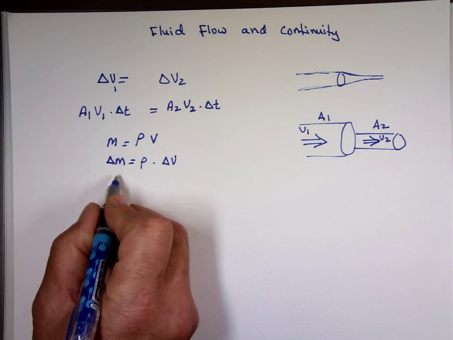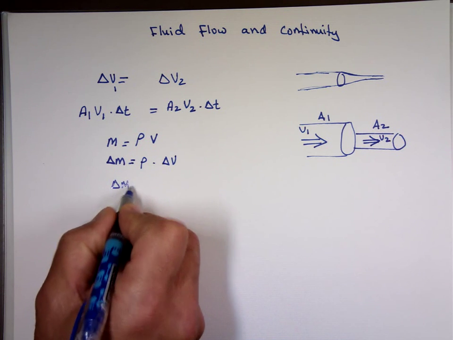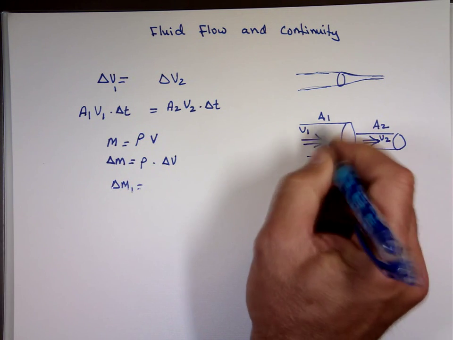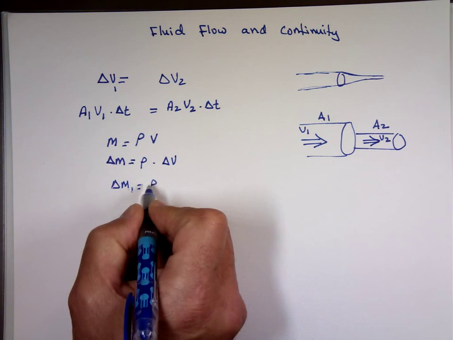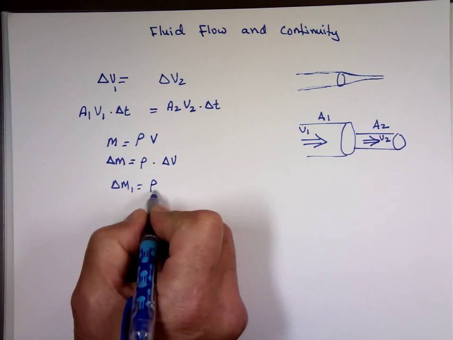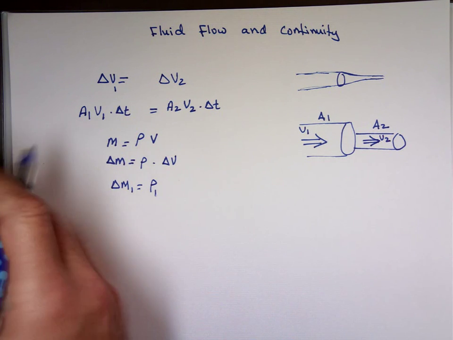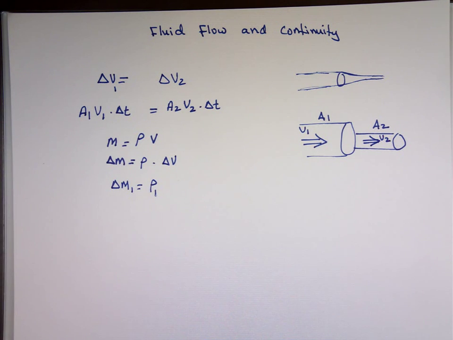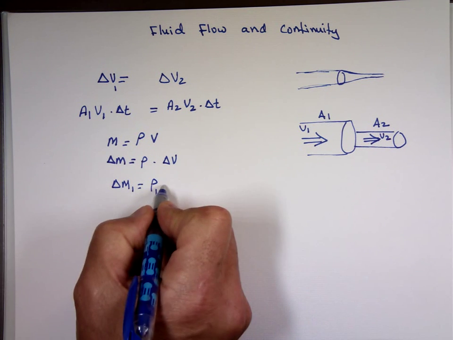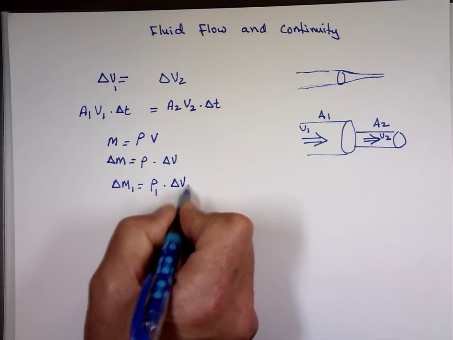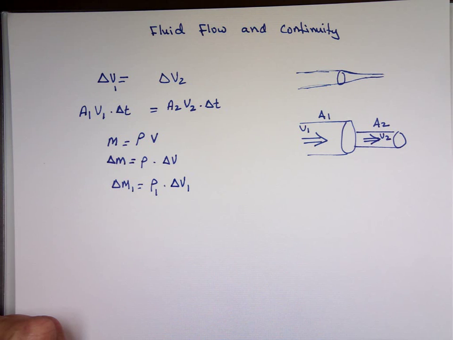So now let's look at this. Change in mass 1, the water through this end, is rho, or rho 1 if it's actually different. You could have a hose with a different liquid in it, water filled with oil, that you want to push out. So let's keep it general.